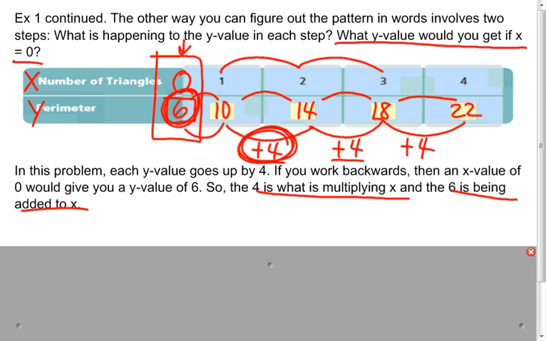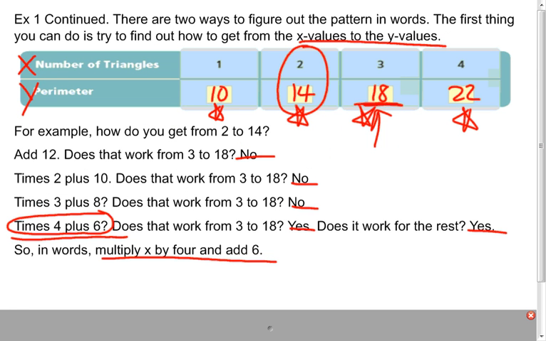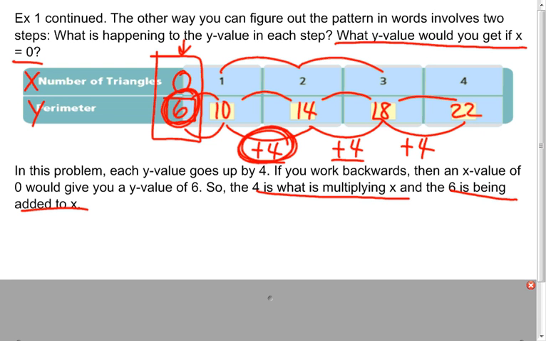We end up with the same thing we got on the previous screen. Multiply x by 4 and add 6. Two methods, you get the same answer either way.